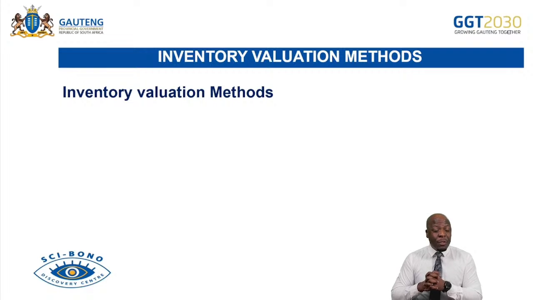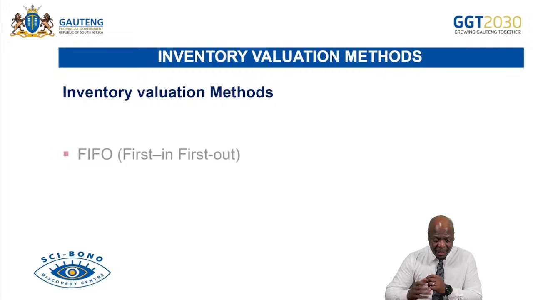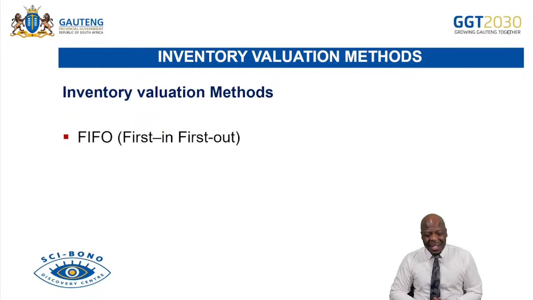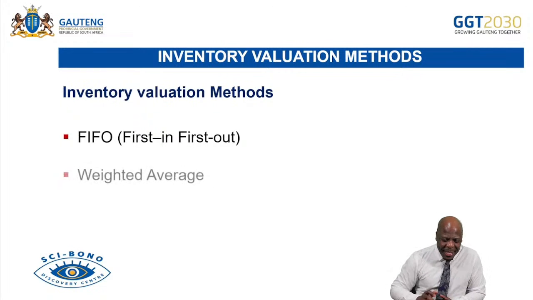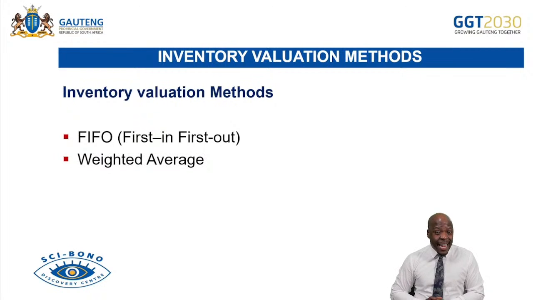So now we have moved from the inventory systems to the inventory valuation methods. The first method is first in, first out, FIFO, whichever way you want to call it. The second one is weighted average. And lastly, we talk about specific identification.